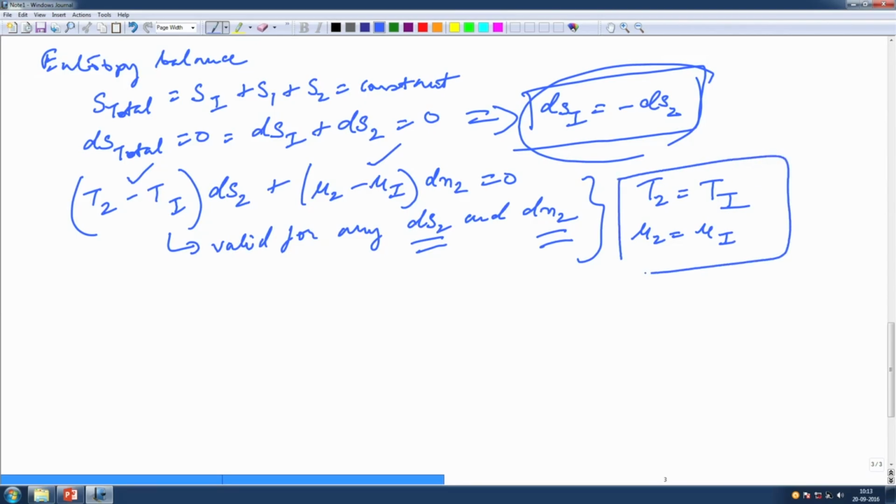Now, similarly here we have held bulk fluid 1 as constant.